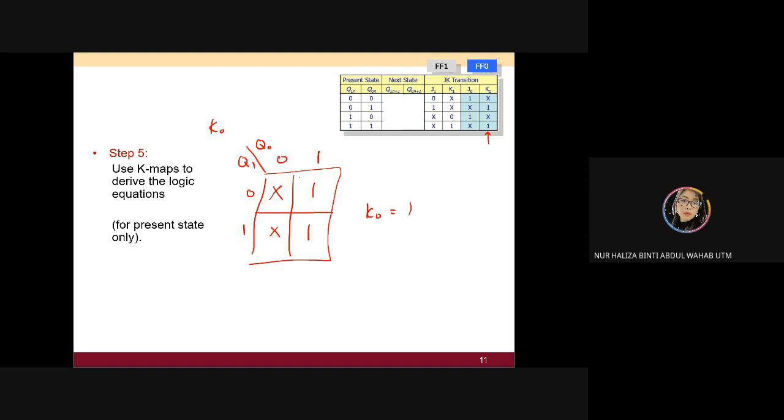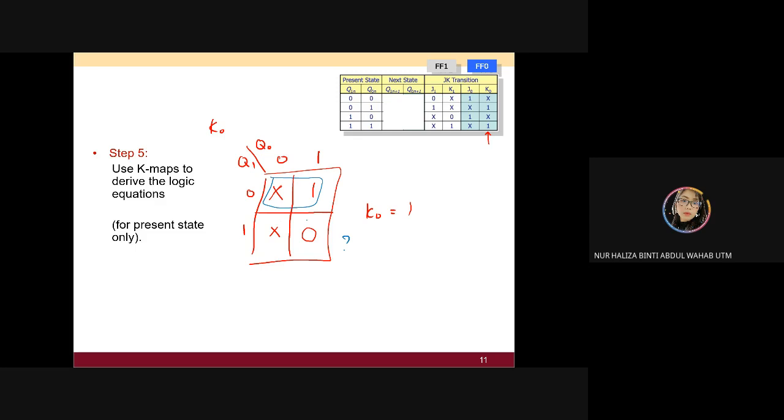Maybe you have this kind of situation. Okay, if it is like this, can I draw like this? No, it is wrong, especially for this one.